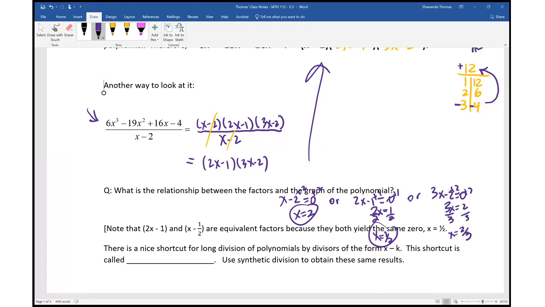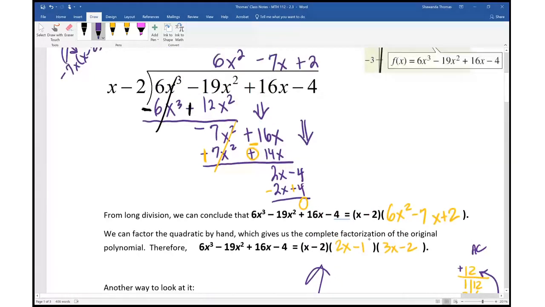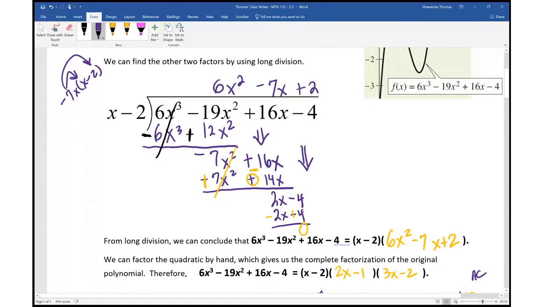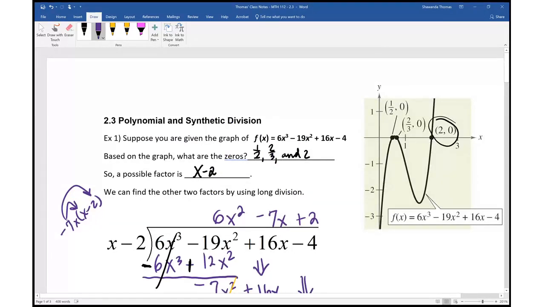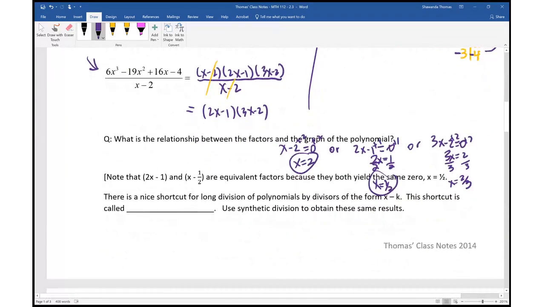So the relationship between the factors, obviously, is that it produces the zeros, which are also the x-intercepts, the points at which the graph crosses the x-axis. Note that 2x minus 1 and x minus 1/2 are equivalent factors because they both yield the same zero.